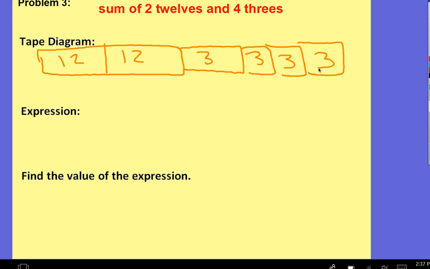If I want to find the sum of those, that means I want to put those all together. Okay, so my expression is, first I have to find out what my 12s are, so I'm going to write that as 12 times 2, because I have 2 12s, and then I have 4 3s, so 4 times 3, and then I'm going to add those two things together.